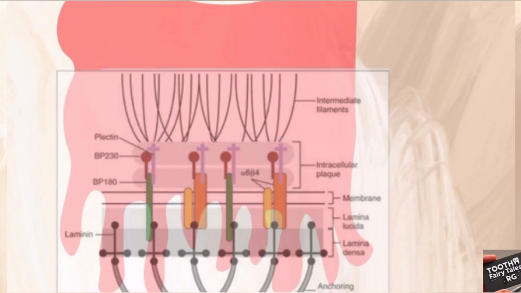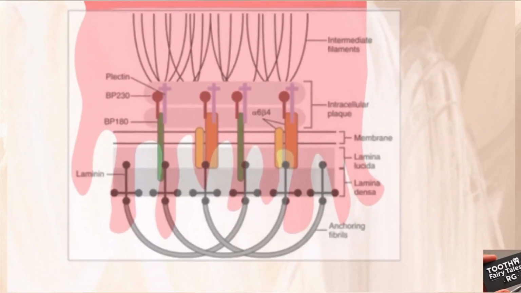And the other proteins are transmembranous proteins. BP180 and integrin alpha 6 beta 4 are known as transmembranous proteins. As the name suggests, these proteins traverse from the basal epithelial cell.